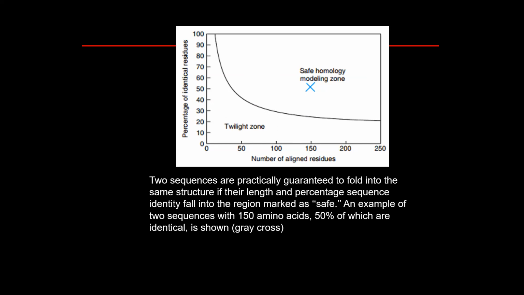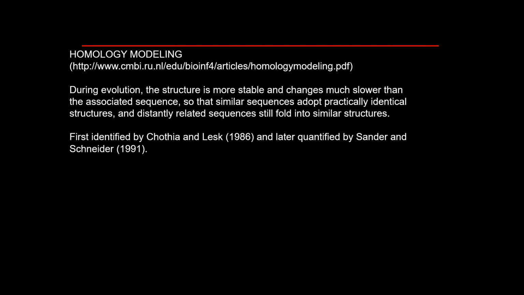So even as low as 40%, even 33%, can be considered safe. That's a very interesting advantage which has happened in evolution. That is why we can do homology modeling.